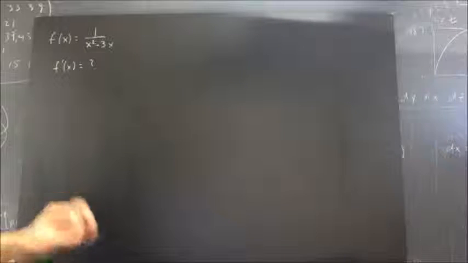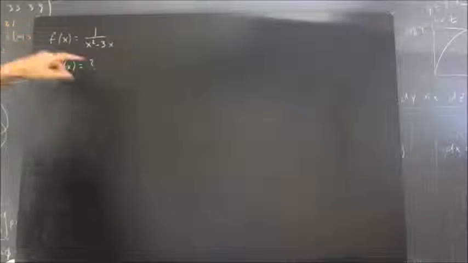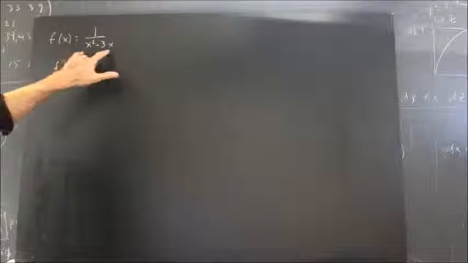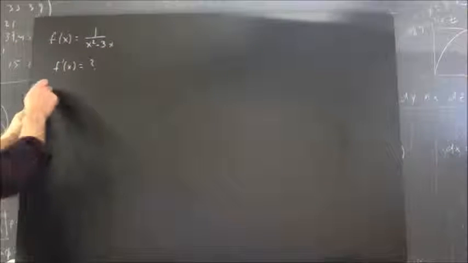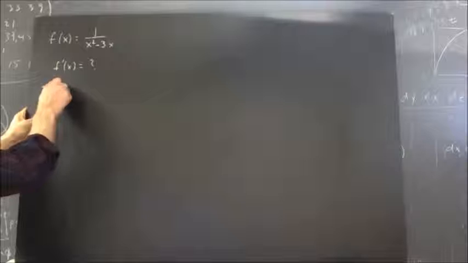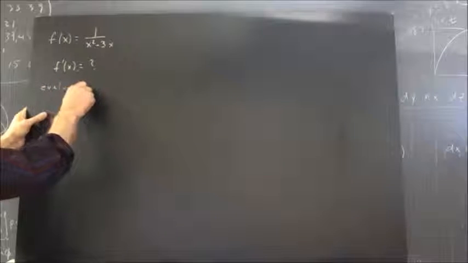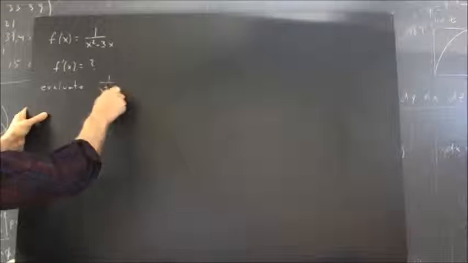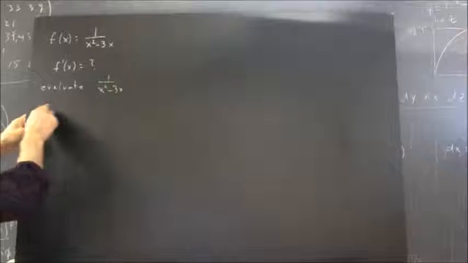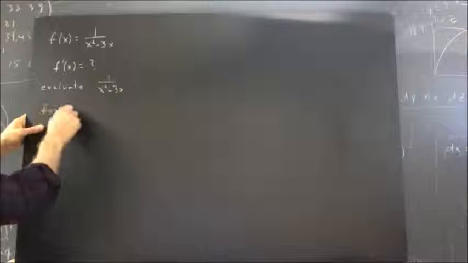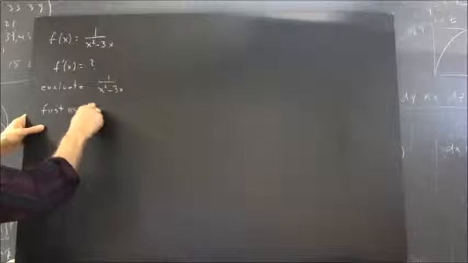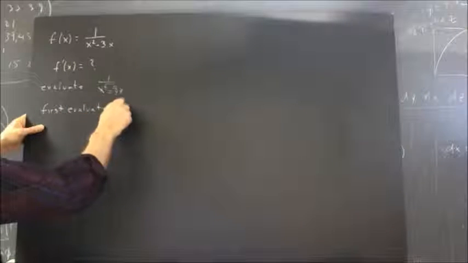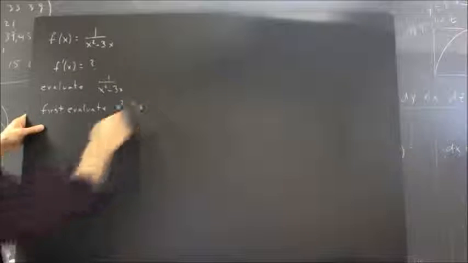It's really better if you use the chain rule. So let's think about what the chain rule is telling us again. If we plug a number in for x, to evaluate 1 over x squared minus 3x, we first evaluate x squared minus 3x.